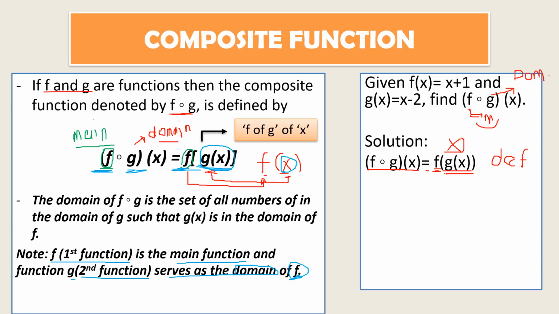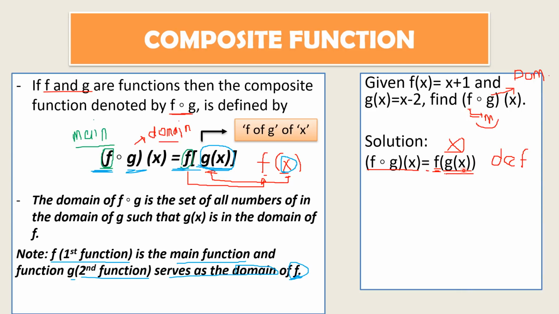Kasi sa composition of function, ang magiging domain natin, instead of only having x, the domain would be the second function. Ulitin ko lang, sa composition of function, ang unang function would be the main function, and the second function would be the domain of the main function. So, isusulat natin si main function f, tapos yung magiging x niya would be the second function, which is g of x.